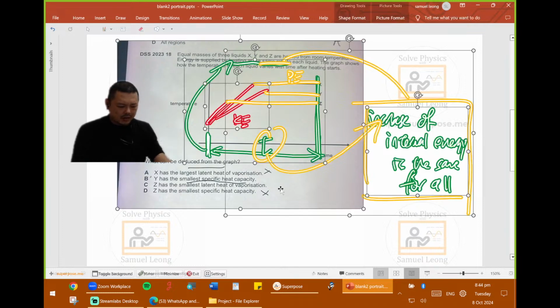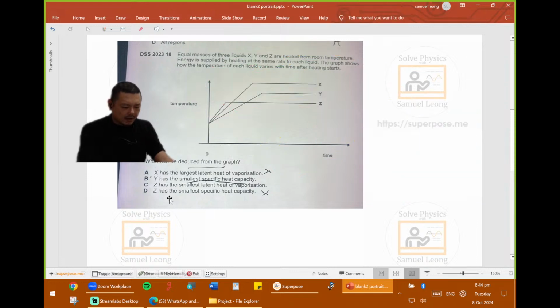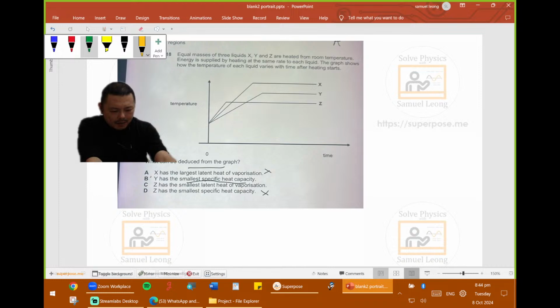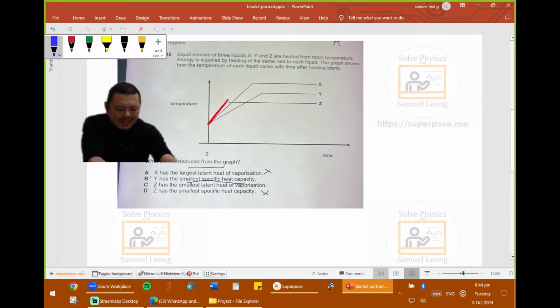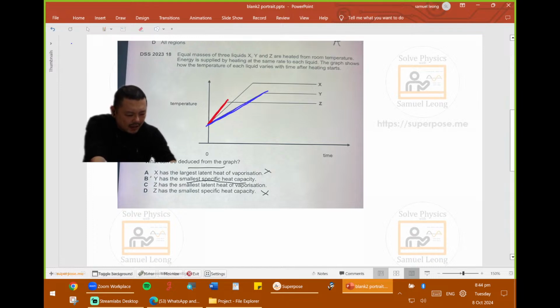So at least we know that. All right. Then we can continue to compare other things now. So now I want to compare the slopes here. For Z, you see this slope here? Now Z is the steepest, isn't it? What is the state of Z? This red line here. Okay, how about Y then? What's the state there? Liquid also, right?